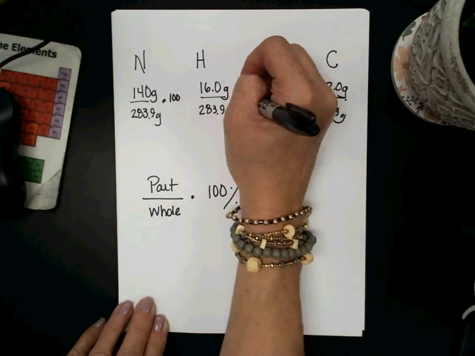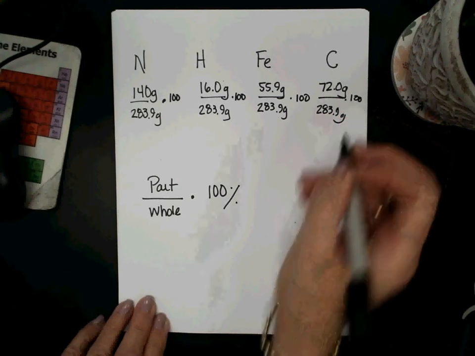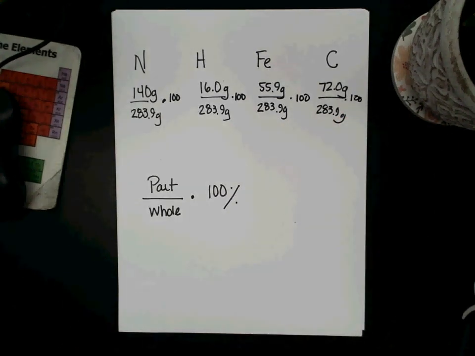And then I'm going to multiply each by 100 to get my percent. So go through and do that. And let's see what percents you get. When you've got it, stand up.